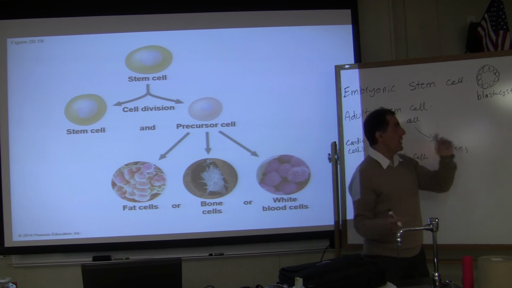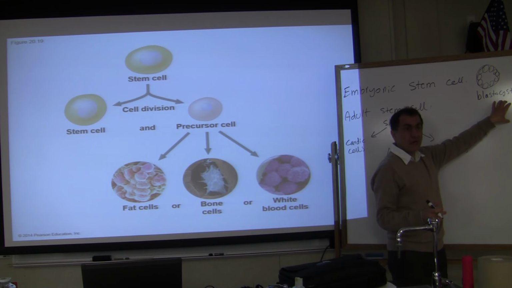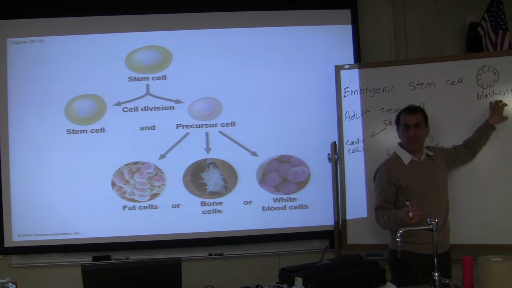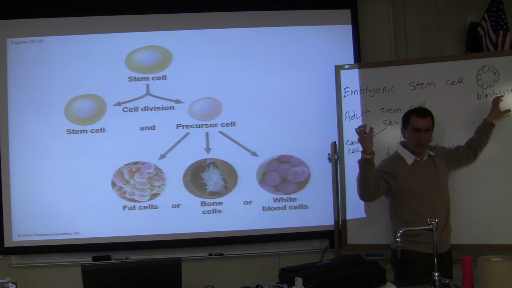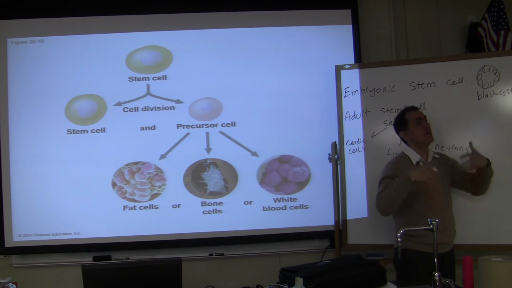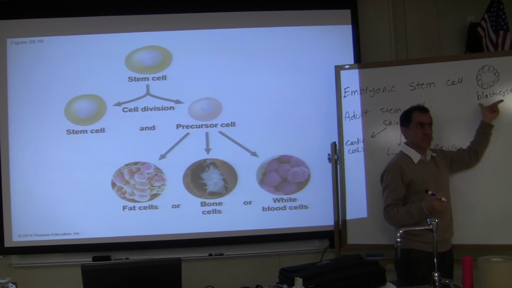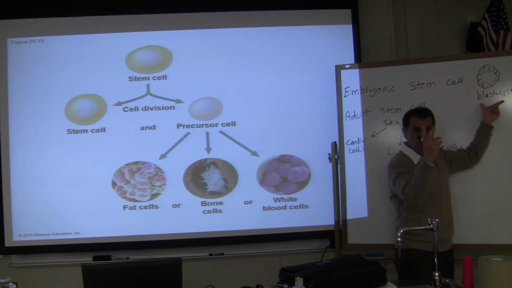Now, a lot of times they make many of these blastocysts, after the couples have their own children. They don't make only 1 or 2, they make a lot of them.